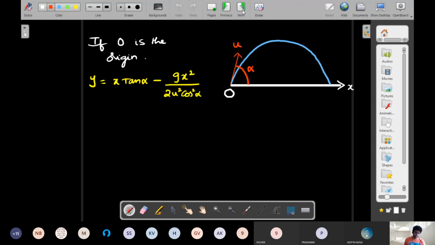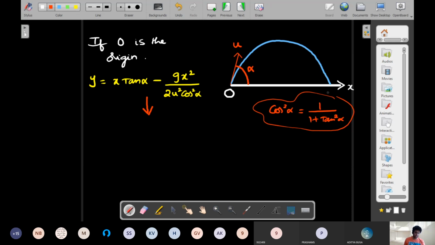If I substitute the value of capital X comma Y into that, let me rearrange before I substitute. On the sidelines, 1 by cos square alpha is 1 plus tan square alpha, because you can write it as secant square alpha.